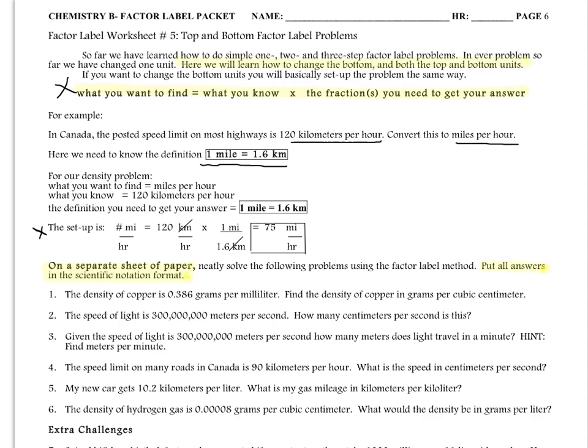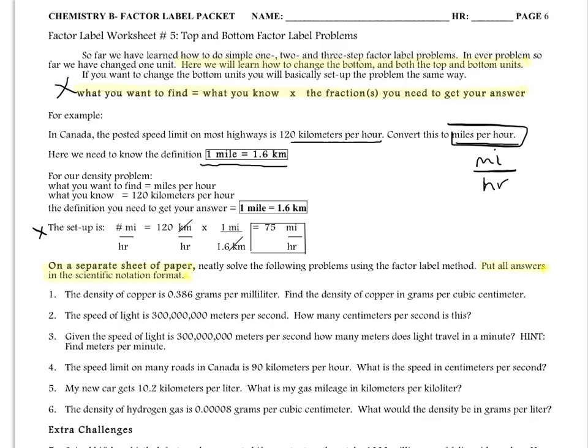We are going to put what we want to find first. And in this case, what we want to find is miles per hour. So when we write miles per hour as a unit, we write miles and then a fraction line, which means per, and then the hours.